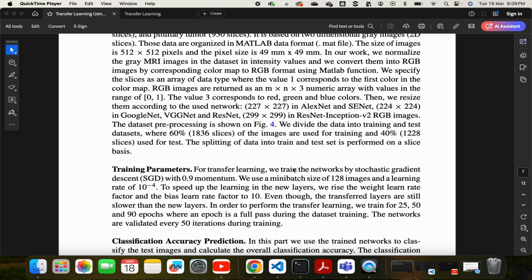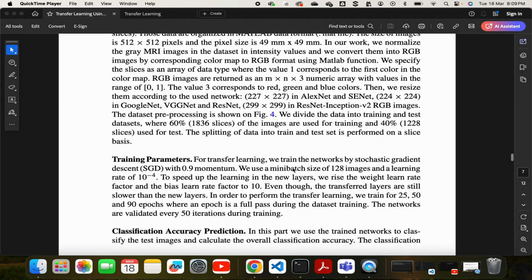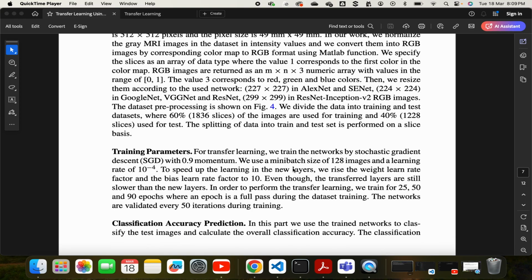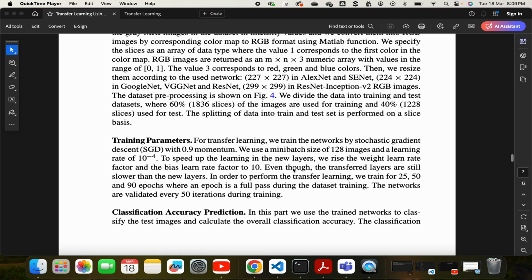Training was conducted for various epochs, namely 25, 50 and 90. To accelerate the learning in the newly added layers, the weight learning rate factor and the bias learning rate factor were increased to 10, and throughout the training process the models were validated every 50 iterations to monitor improvements and avoid overfitting.